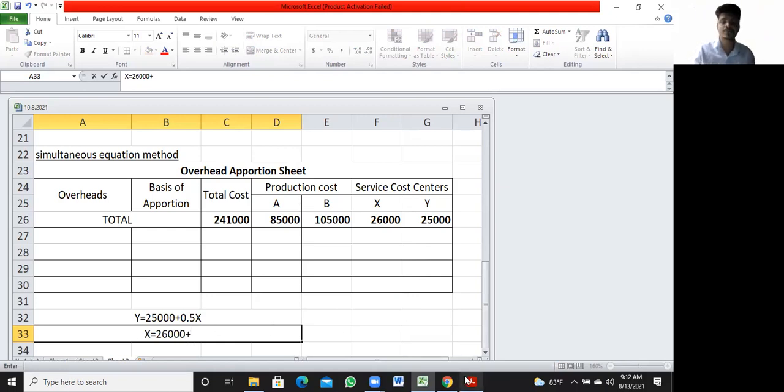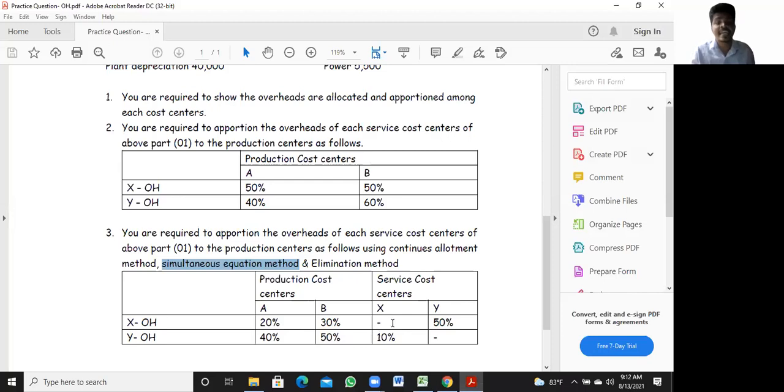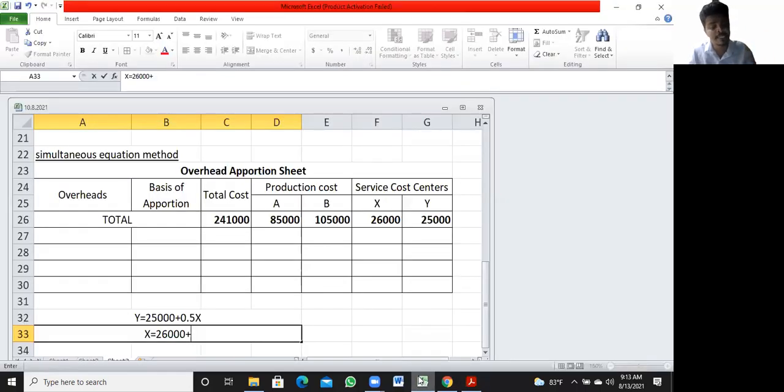Plus, in addition to that, here you can see 10% of service cost center Y is given to X. Therefore, we can say 0.1 of Y belongs to X. Then total cost belonging to X is 26,000 plus 0.1Y. Okay, did you get the point?